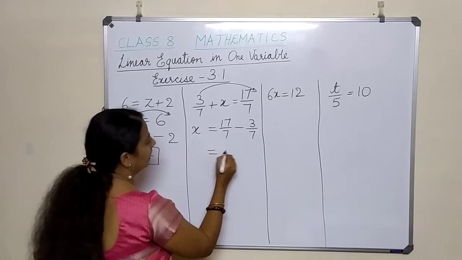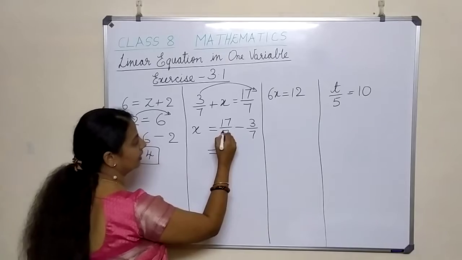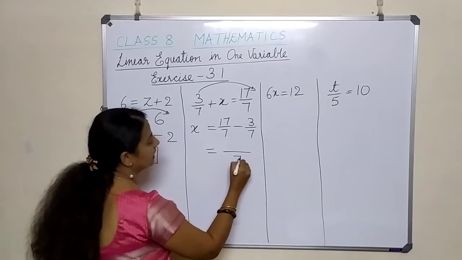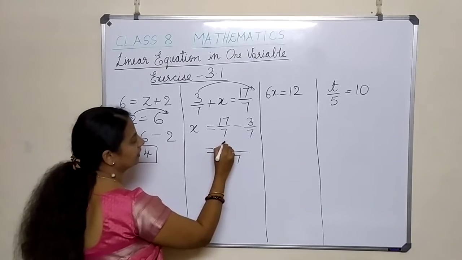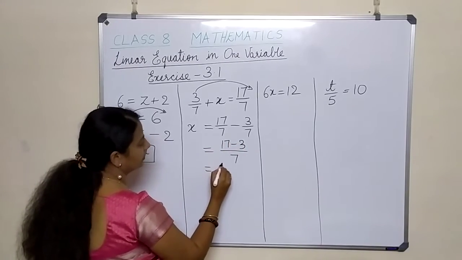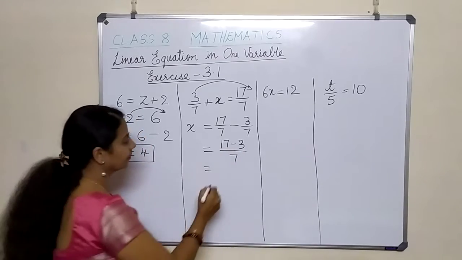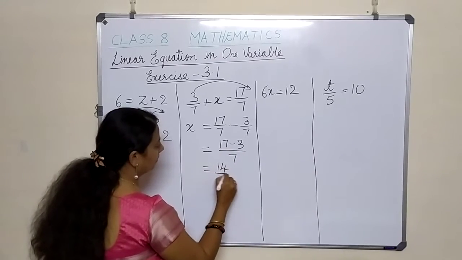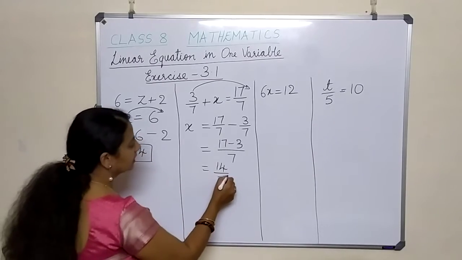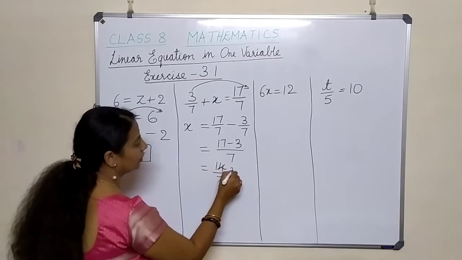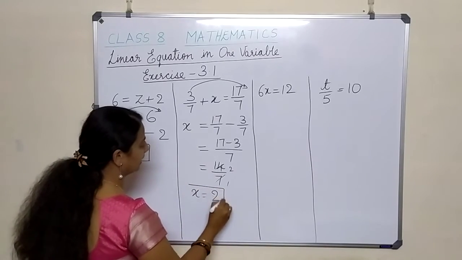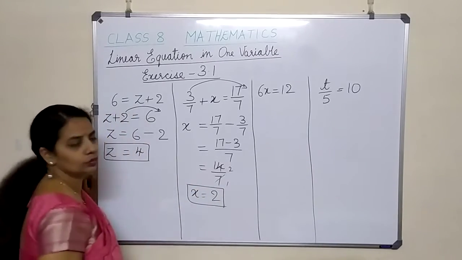So for the subtraction of the fractions, the LCM will be the same, 7, and 17 minus 3. That gives you, 17 minus 3 is how much? 14 by 7. Now again I can simplify this. 7 ones are 7, 7 twos are 14. So the answer is 2. X takes the value 2.